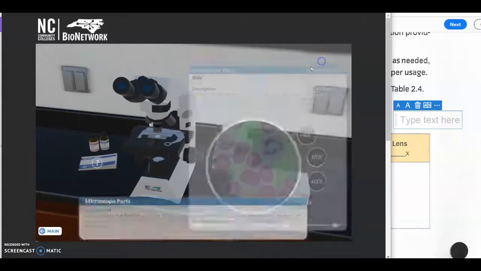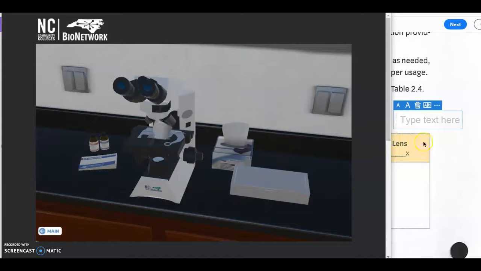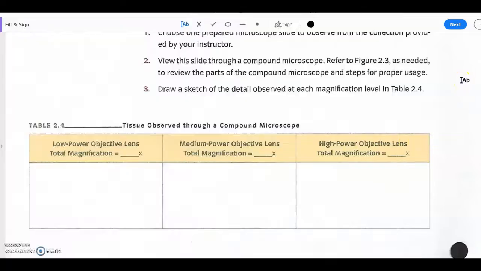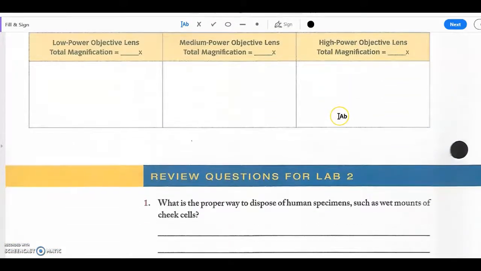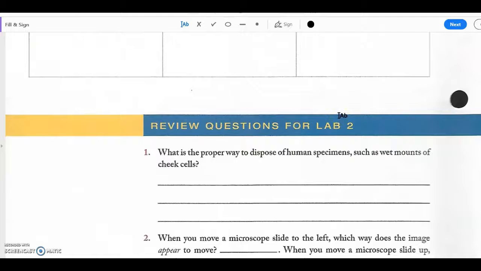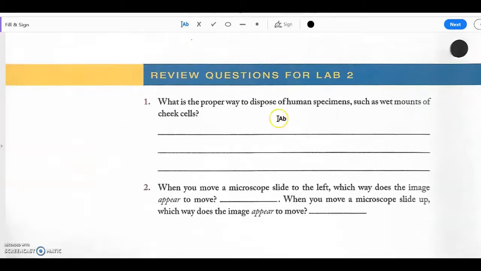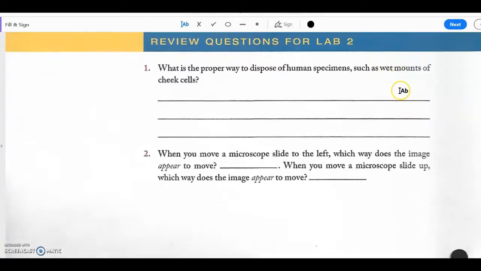So now we're going to remove the slide and clean the microscope. And with this, we need to review the questions for lab number 2. The proper way to dispose of human specimens: biohazard bag.